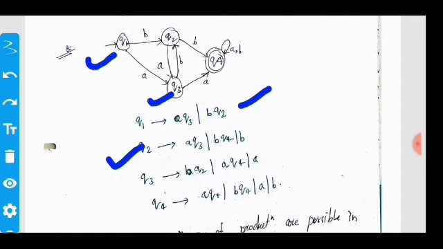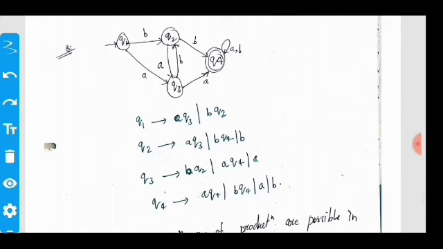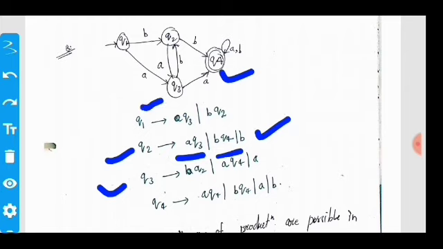From Q2, when we give b it goes to Q4 state. Q4 is the final state, so it also accepts the single string b. So we write it here like that. Coming to the Q3 state, when we give a it goes to Q4, meaning it accepts a individually as well as the combination of a and Q4.